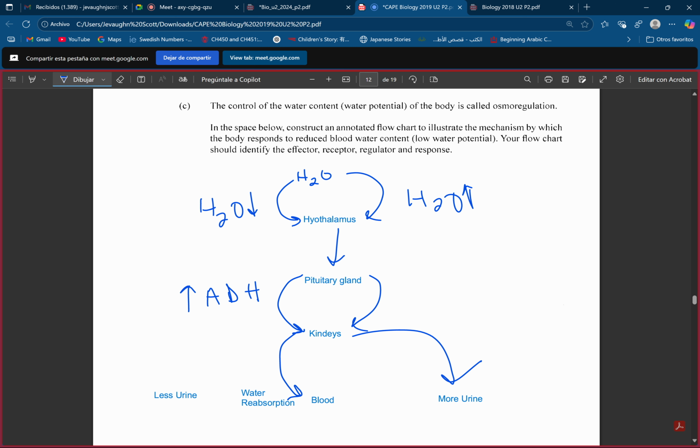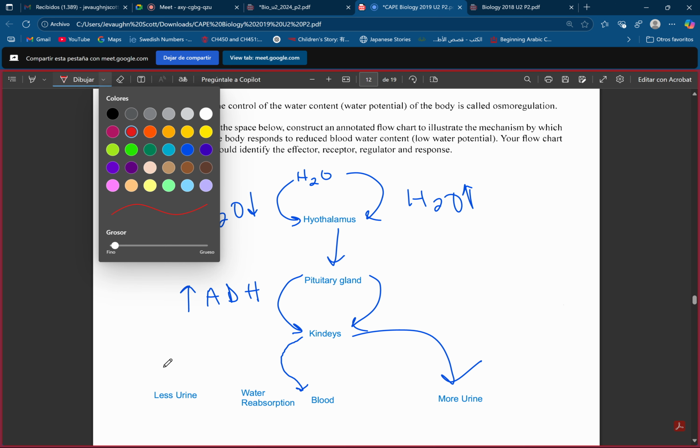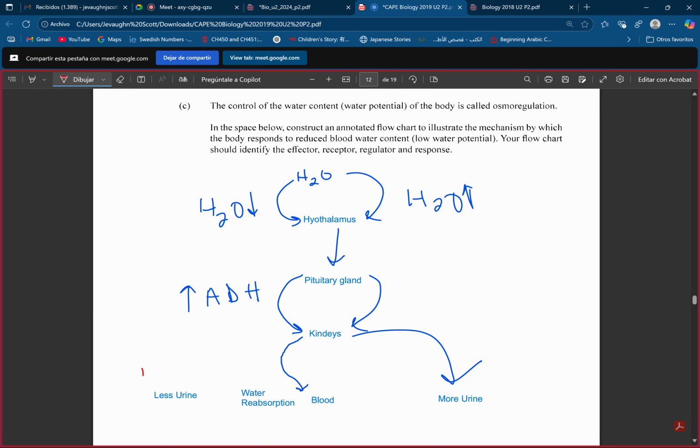And what does ADH do? Okay, so it increases the reabsorption of water.